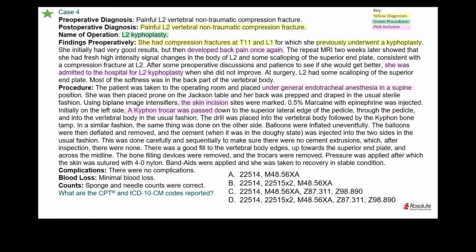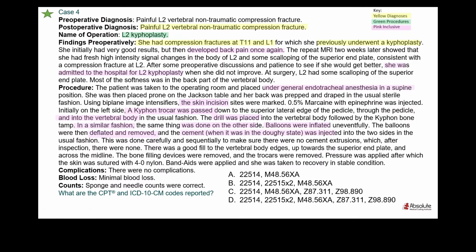Skin incision performed. A Kyphon trocar was passed into the vertebral body. A drill was placed, and in a similar fashion it was done on the other side.